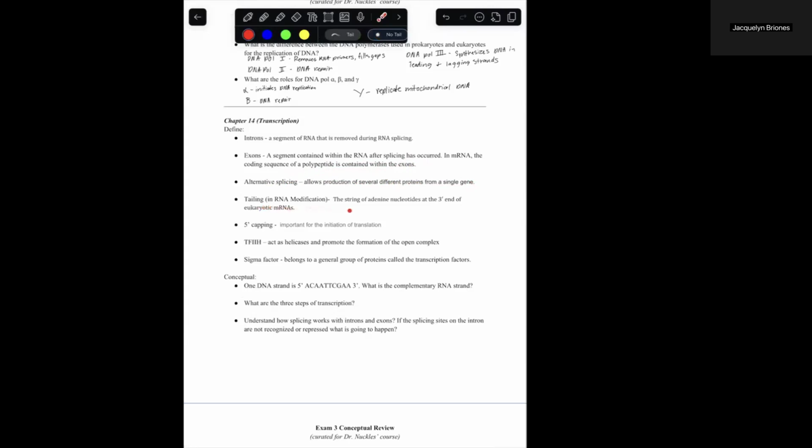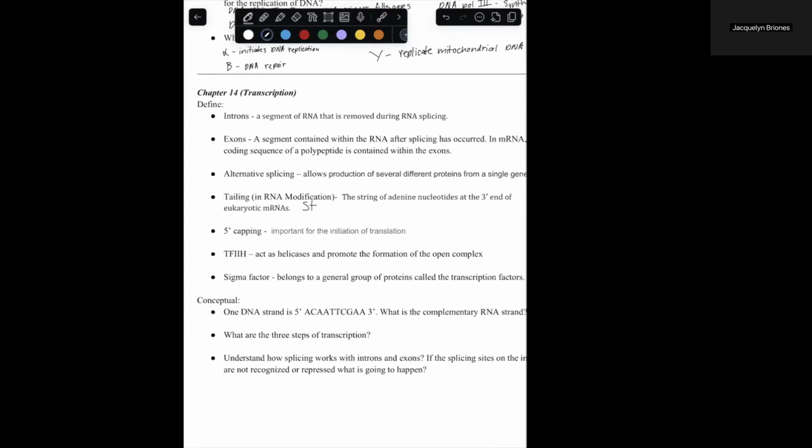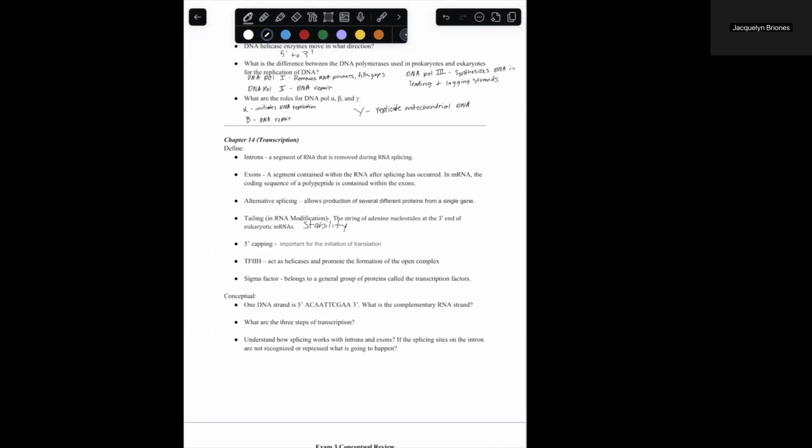Tailing is a string of adenine nucleotides at the 3' end of eukaryotic mRNAs, and this is really for stability of the mRNA. 5' capping is important for the initiation of translation.